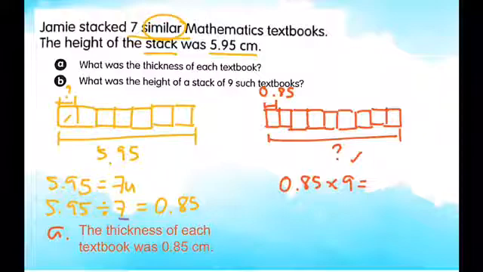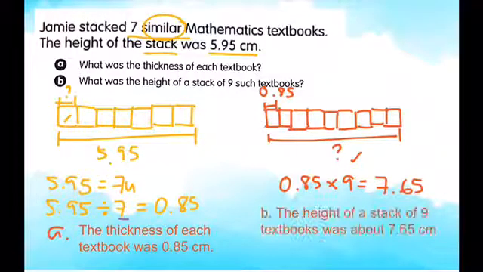Your answer should be 7.65. We can say that the answer in B would be the statement of a stack of 9 textbooks was about 7.65 centimeters. How do I check if our answer is correct? You can work backwards and we try to check in your journal if your answer is correct. How do we do it the opposite way? We can divide.